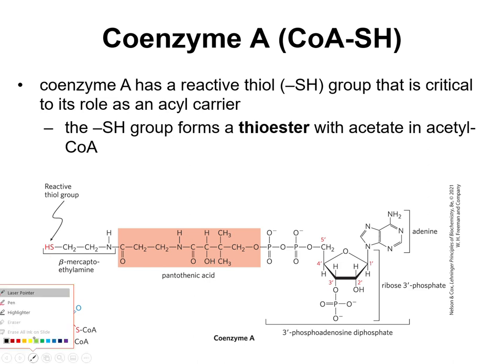Seems a little bit wasteful, but this is actually a really good leaving group. So you can cleave off the CoA and you can do some kind of other chemistry, just like you use ATP and you phosphorylate something, and ADP is a really good leaving group. CoA is a great leaving group.